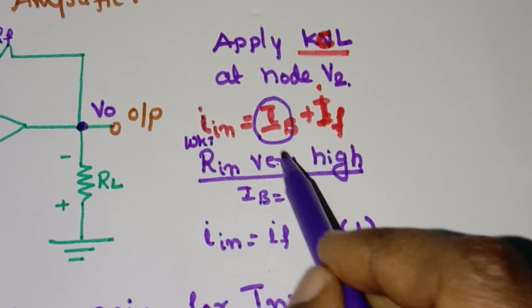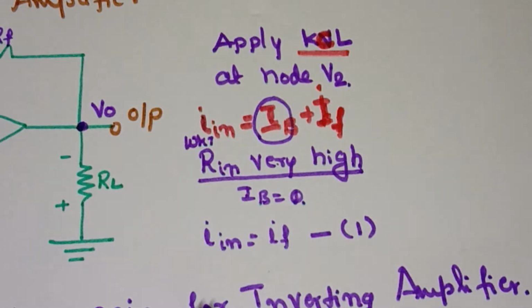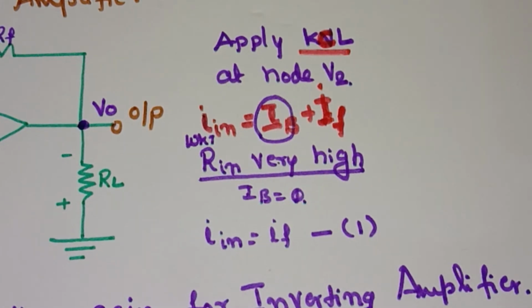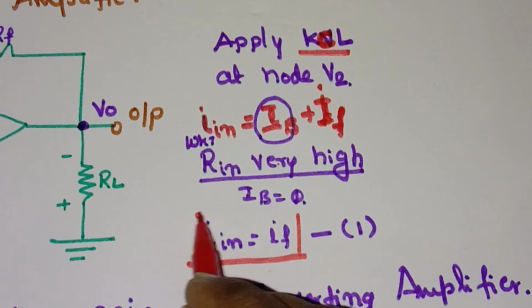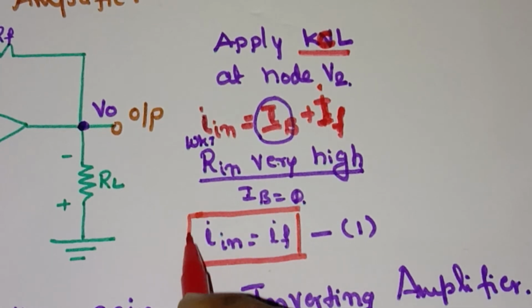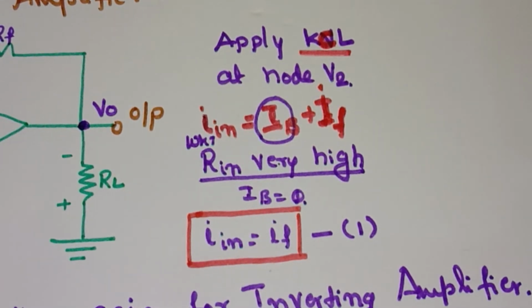We are neglecting it, or putting it equal to 0. We are able to get IN is equal to IF. This is your first equation, IN is equal to IF. Now let us move to the next part.